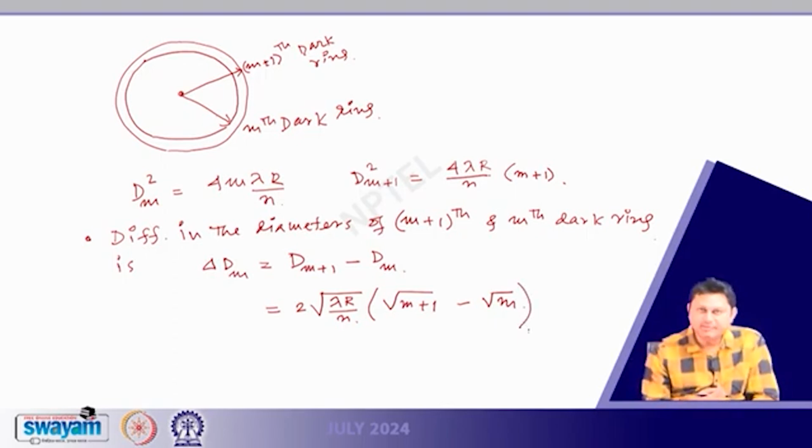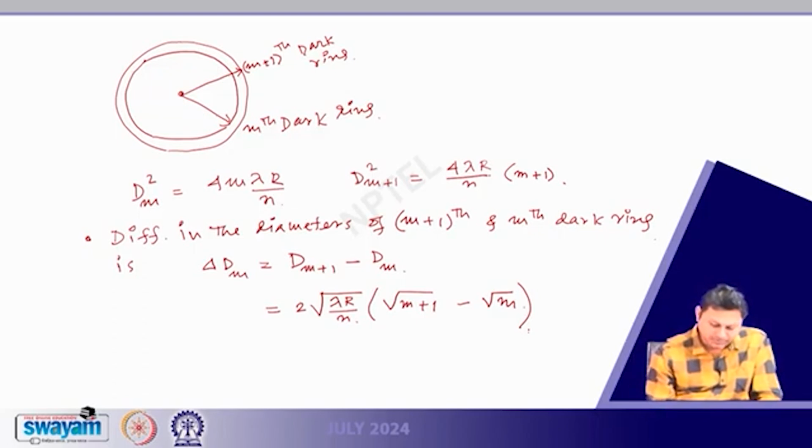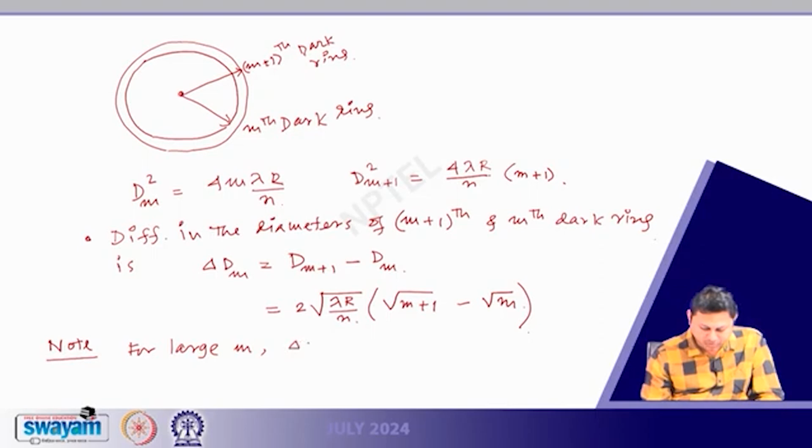Now, this value is independent of m. So if I increase the value of m, then the separation is going to be smaller and smaller. So one should note that for a large m, the value of delta dm is small.